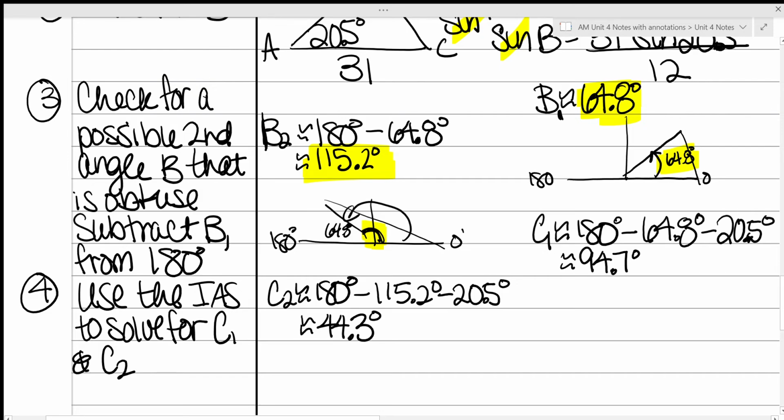Okay, so let's see here. Here's my angle C, and that means that we have a second triangle.